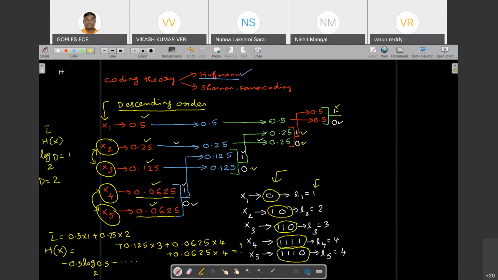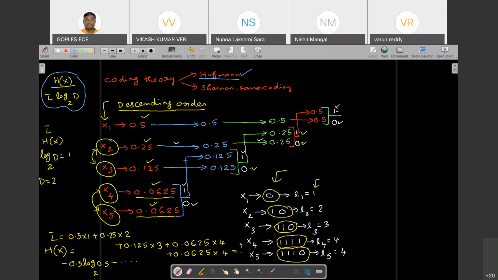And finally, I want that answer for this expression, H of X by L bar log D, where D is 2 here, right? This is what I wanted. I want this answer to be given in the next class. Somebody has given that value of H of X. Good.